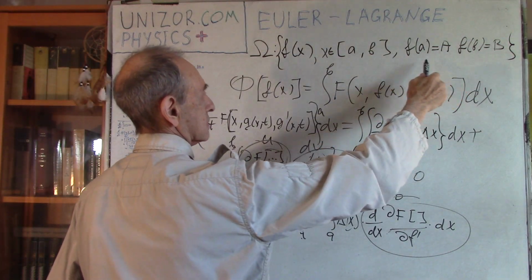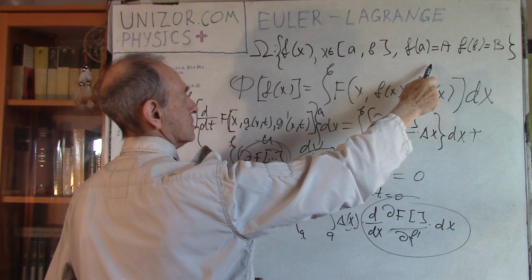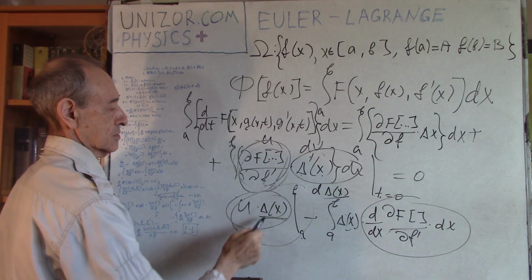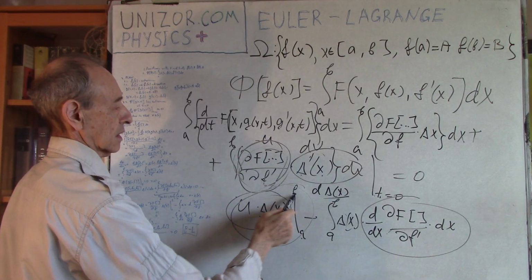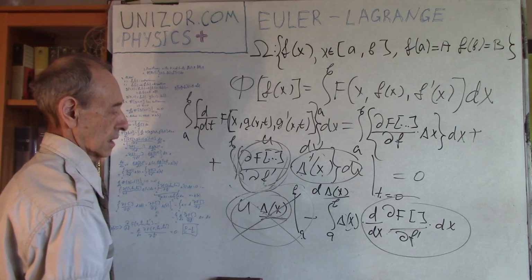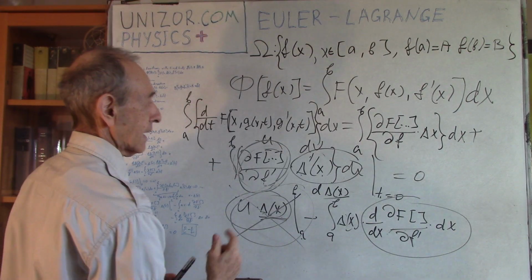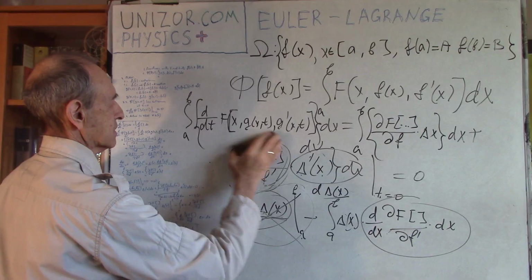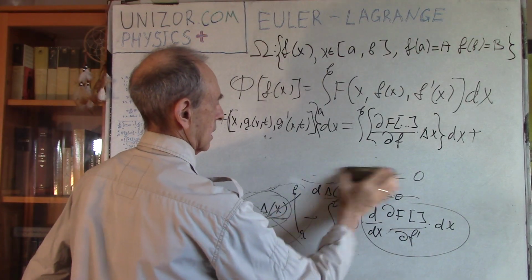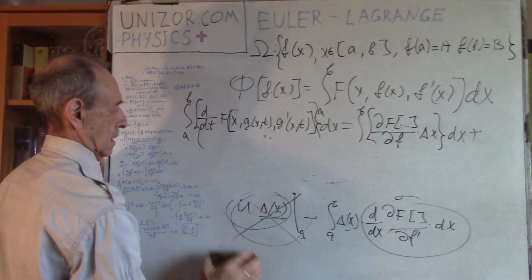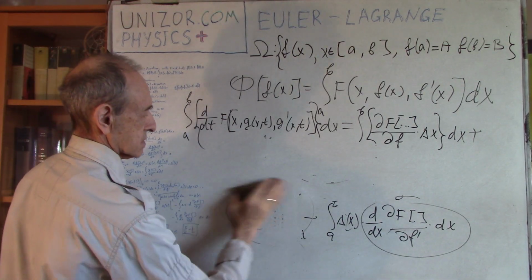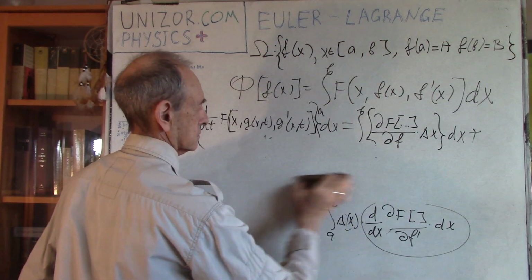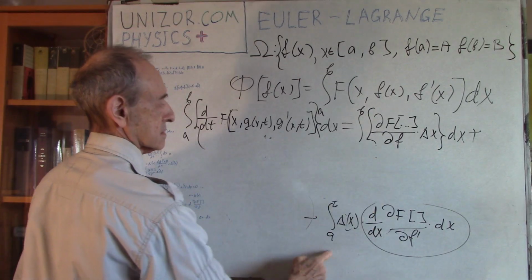Otherwise, you know, this delta is f1 minus f0, and both of them have the same values at the ends. So this is equal to 0, because delta of a is equal to 0 and delta of b is equal to 0. So this doesn't participate anymore. And all I have now is this part plus, instead of this, I will have this. So it's this minus this.